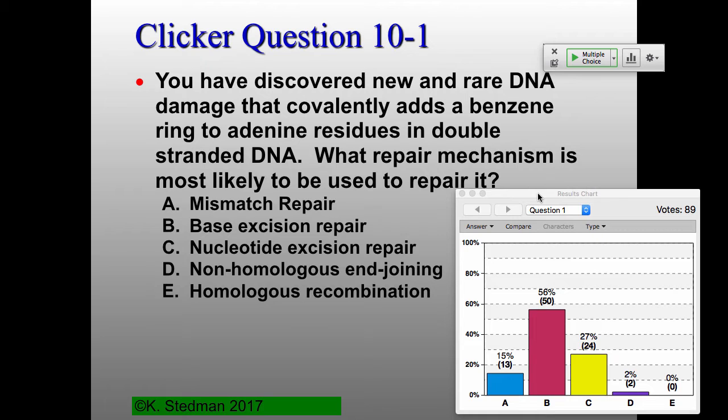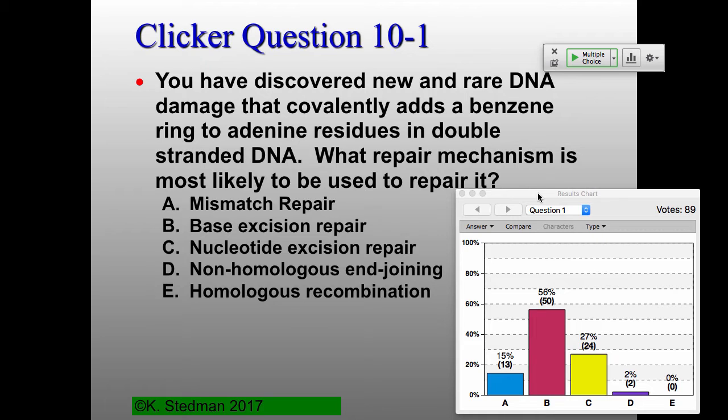However, if it's something which is rare, what kind of mechanism are you likely to use? Nucleotide excision repair. Why nucleotide excision repair? Because it's looking at the overall structure of the DNA. What would happen if you put a benzene ring in here?